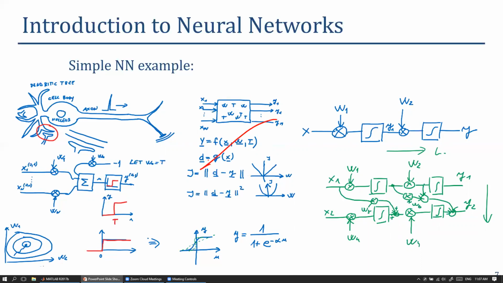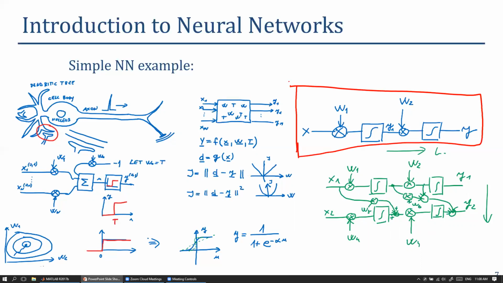This was the simplest possible neural network that we derived yesterday. If we extend that network to multiple layers, so extend the number of parameters and the number of interconnections between them, then we get a so-called multi-layer neural network.